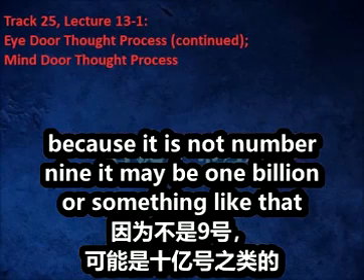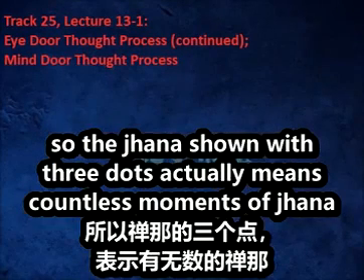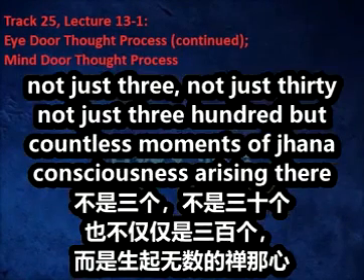It may be number 1 billionth or something like that. So the jhana shown with 3 dots actually means countless moments of jhana. Not just 3, not just 30, not just 300, but countless moments of jhana consciousness arising there.